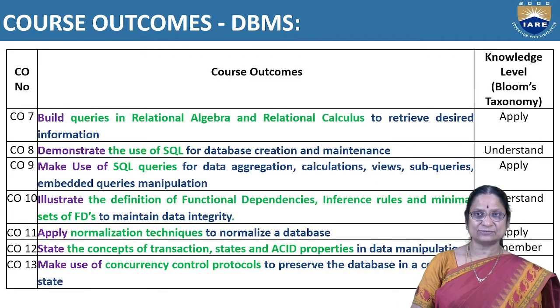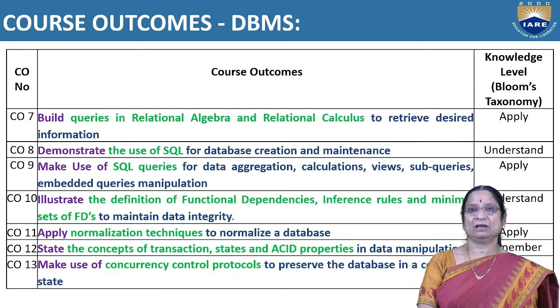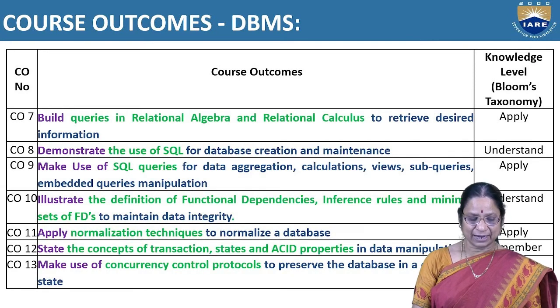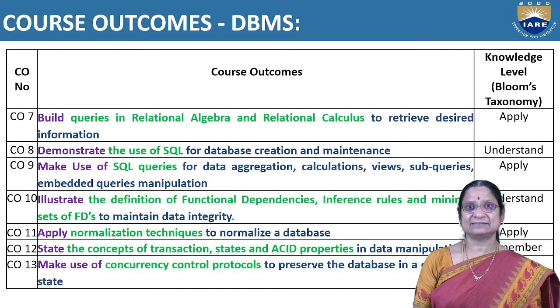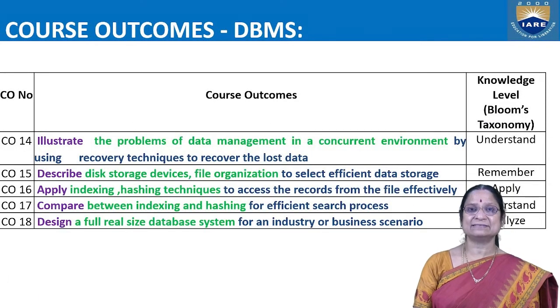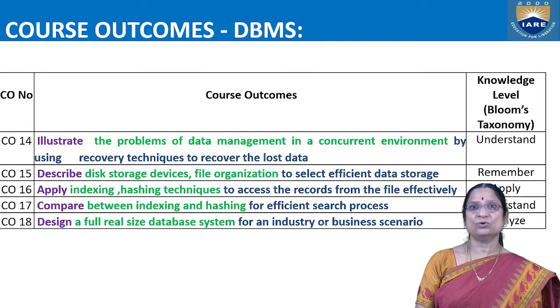In this, students will learn what a transaction is, what the ACID properties are, and how data manipulation is carried out by concurrent transactions and how those are managed. They will try to apply these concurrency techniques to preserve the database in a consistent state, as well as recovery techniques when any failure occurs.